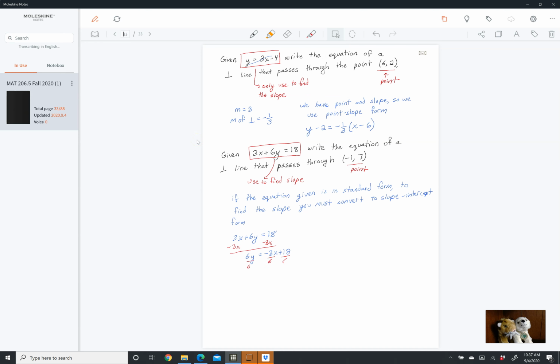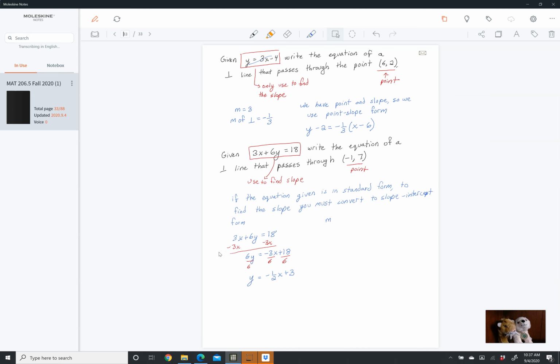And remember, when you're converting to slope-intercept form and you divide everything by 6, actually take the negative 3x and divide it by 6, and take the 18 and divide it by 6 separately, okay? And what we get here is y is equal to negative 1/2 x plus 3. So now it's in slope-intercept form.